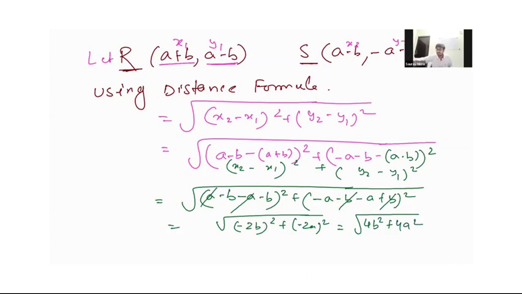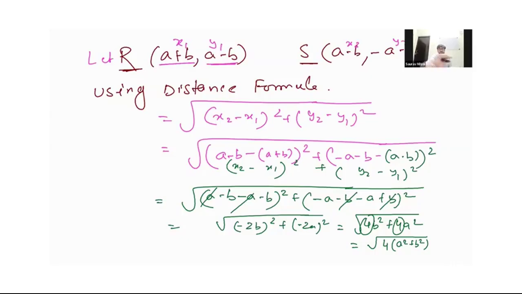Here 4 is common, so we take 4 outside: 4 times a square plus b square. Now take the square root of this whole term.